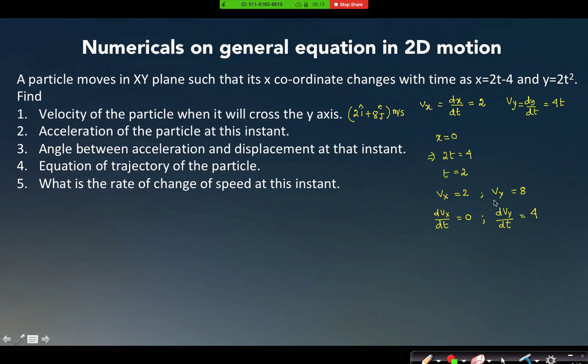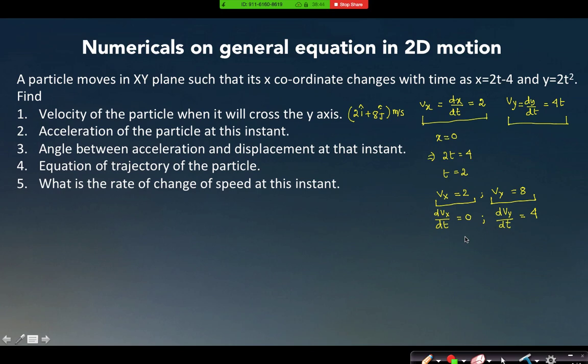The answer is we are not actually differentiating the value. What are we actually differentiating? The function, with respect to time. And here the function is constant, that is why I have got 0, and here the function is 4t, that is why I have got 4.